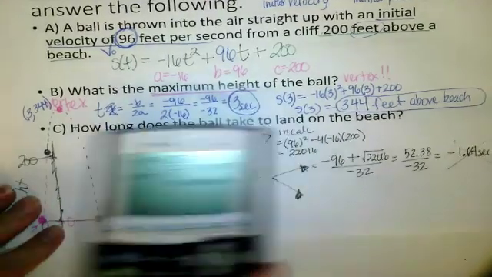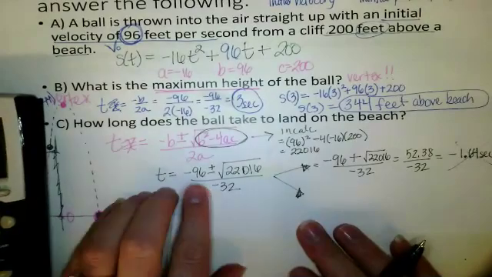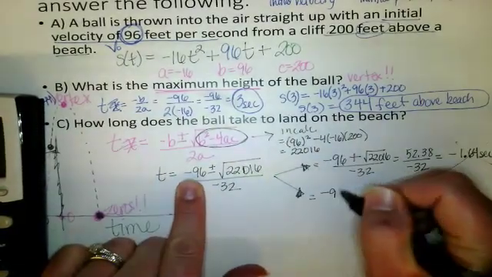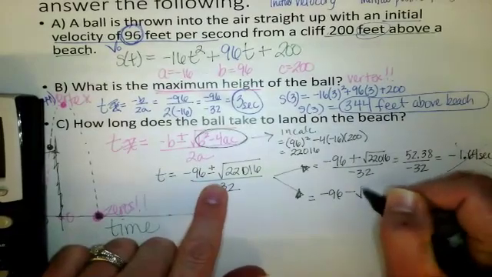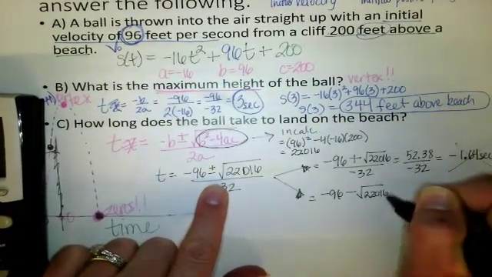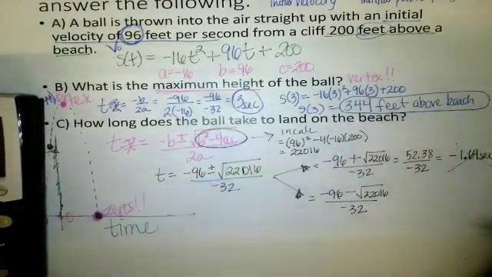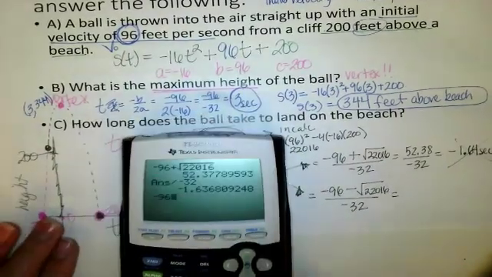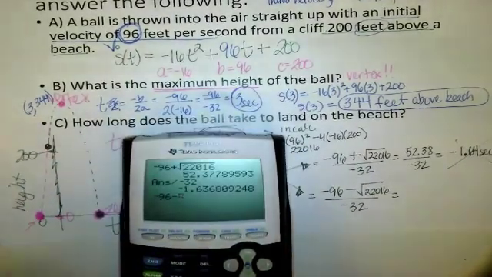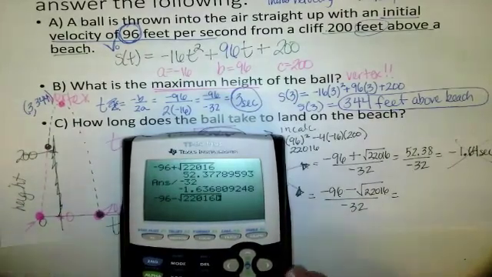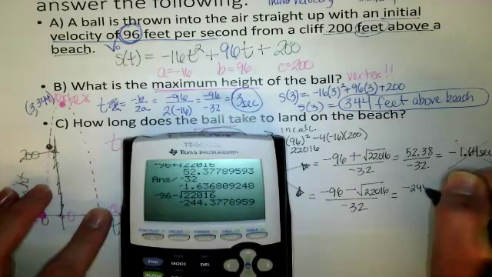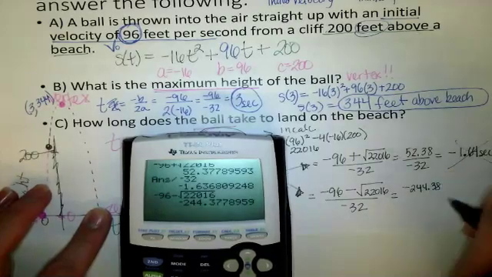All right. So now we try the other side. What's the other equation that we get from this answer? Negative 96 minus the big square root. So again, using my calculator, negative 96 minus the square root of 22,016. Hit enter, we get a big negative number, negative 244.38.